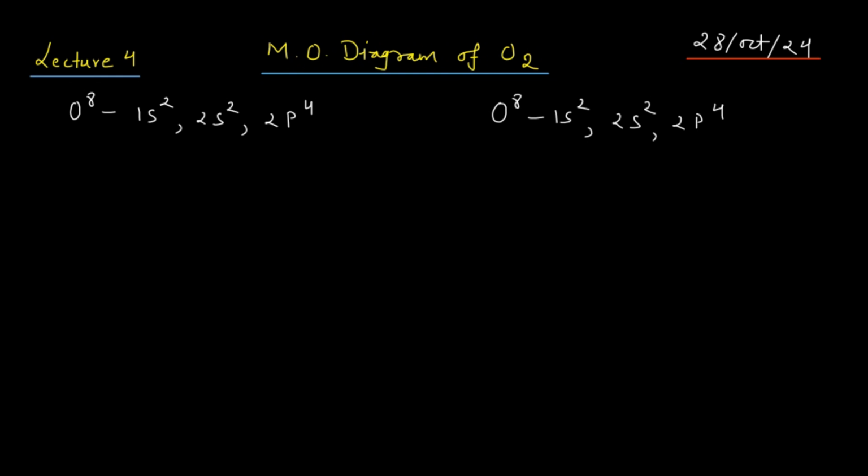Since the space is very limited on my screen, I'll discuss the bonding starting from the 2s orbitals. So 2s of this oxygen atom and 2s of this oxygen atom, while I'll not include the 1s orbital of the oxygen atom because they are the core electrons.